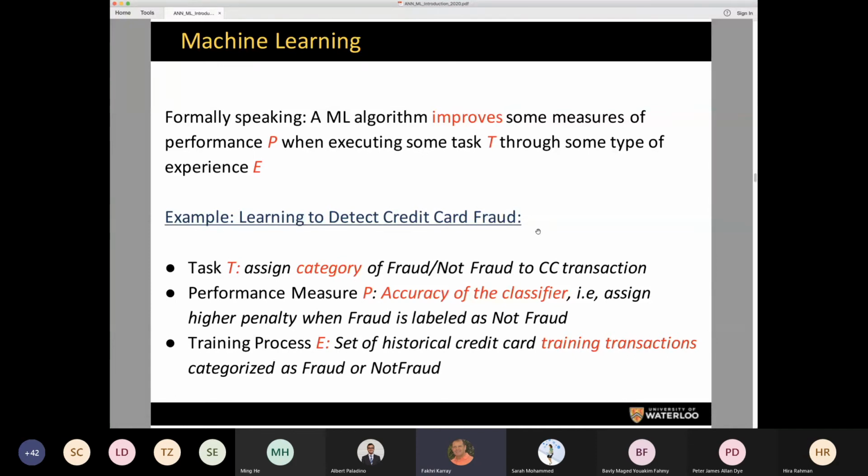So let's suppose you made a transaction in the Waterloo area today, and within 10 seconds, a transaction of your card has been made in another part of the world, okay? And with large amounts. Then the system is going to flag something.